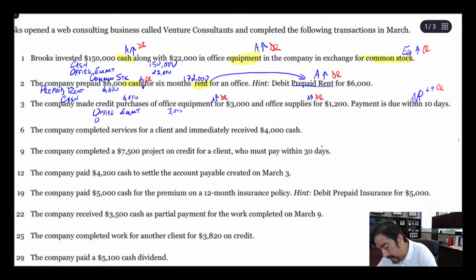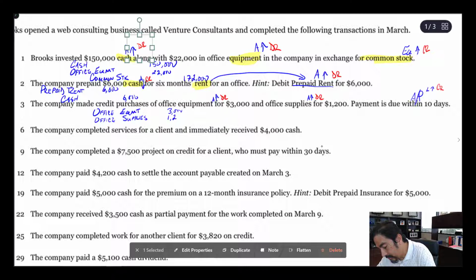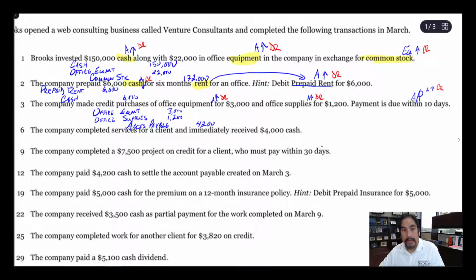Also, office supplies, $1,200 debit. And the credit account is accounts payable. And that amount is the sum. What's that? $4,200. So there's our journal entry.